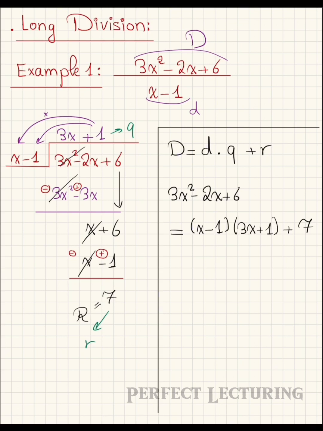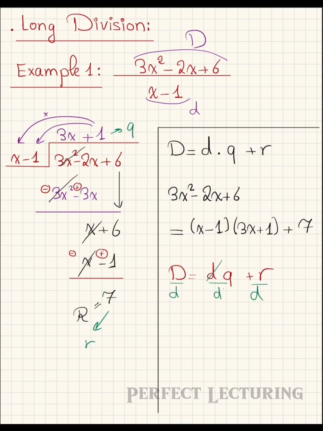Now there is another way to write or to apply the division algorithm, and this way of writing it is really very helpful, especially when we try to find the so-called oblique asymptotes of functions, as you will see in a later video when I start talking about calculus. So if I have D equals d times q plus r, let me write again D equals small d times q plus r, and let's divide every single term by d.